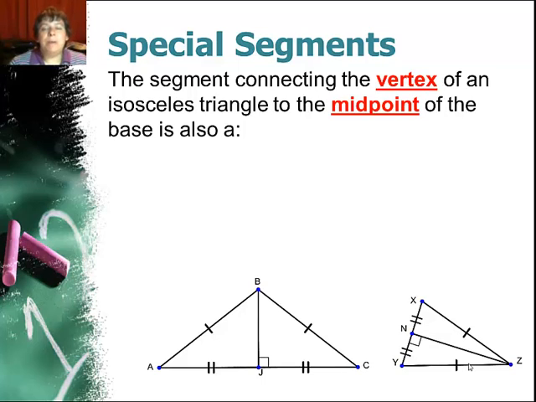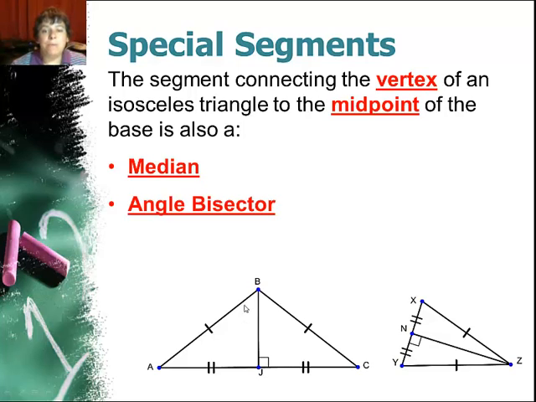Now, there are some special segments in how they behave in isosceles triangles. So if I have a segment connecting the vertex of an isosceles triangle to the midpoint of the base, then this segment is a median because it's connected to the midpoint, vertex to midpoint.